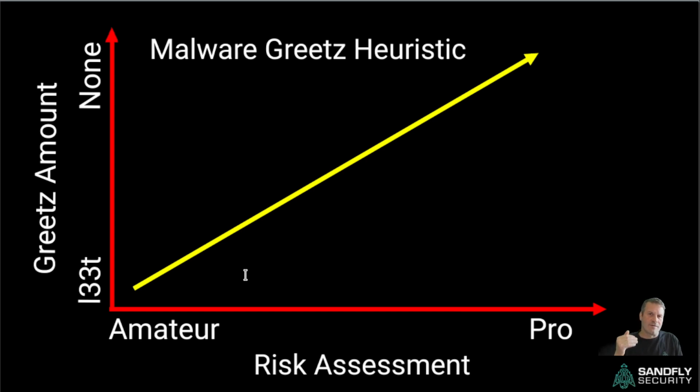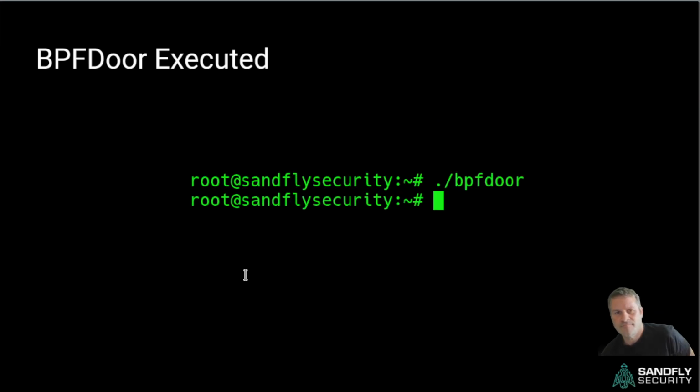Malware that just gets to the task at hand and doesn't make a big fanfare of things, that's actually the most successful and professional malware I tend to run across in my career. So when I saw this malware, the fact that it just had one very focused task and it did it very, very well without a lot of fanfare, it immediately got my attention. Now, you can kind of see it here in BPFDoor ran.